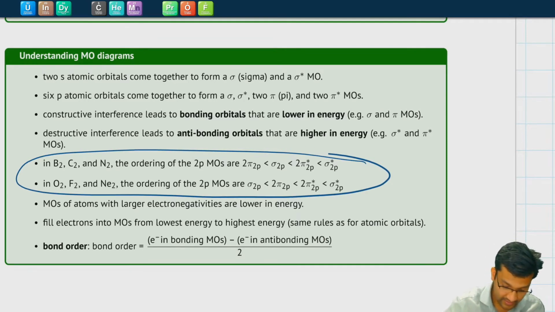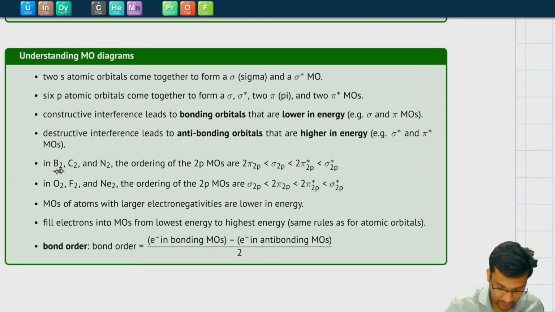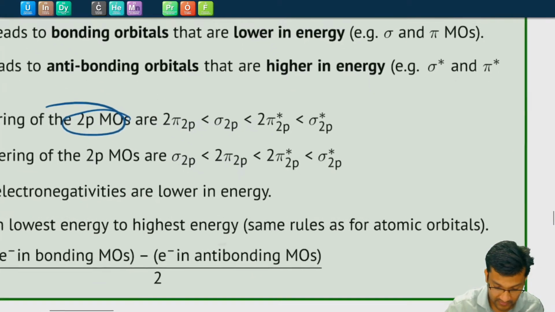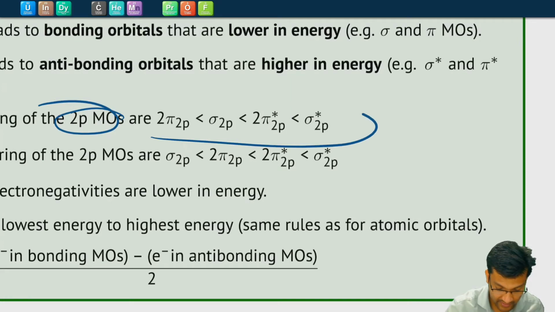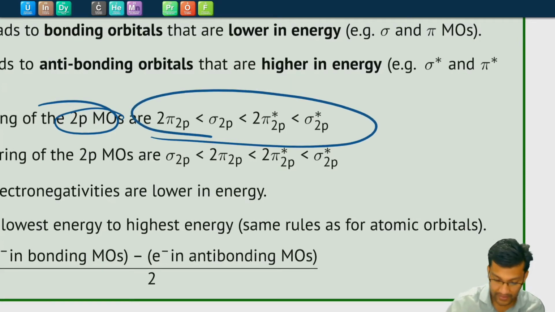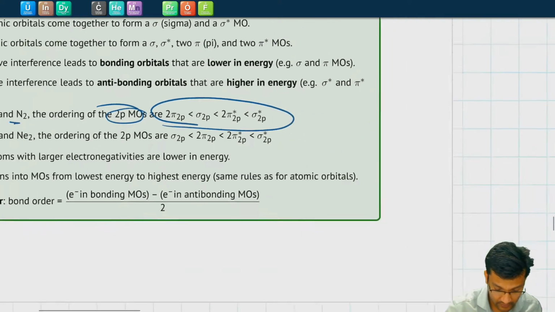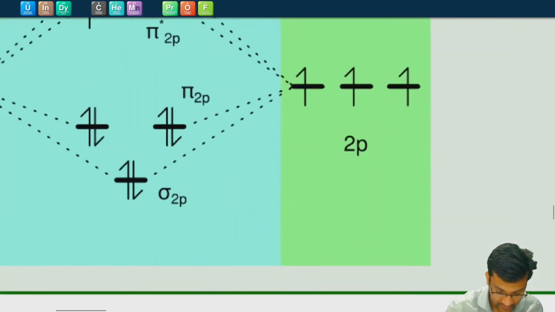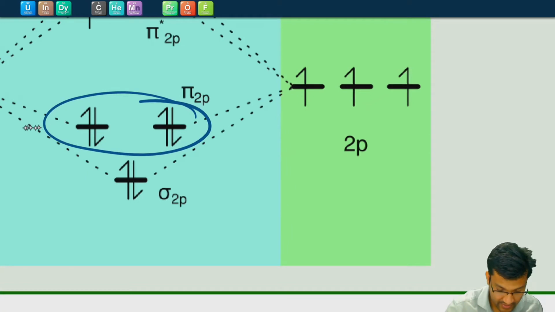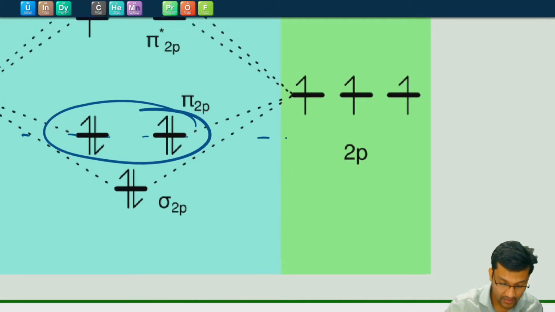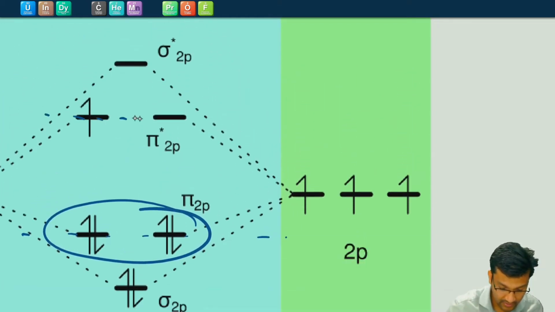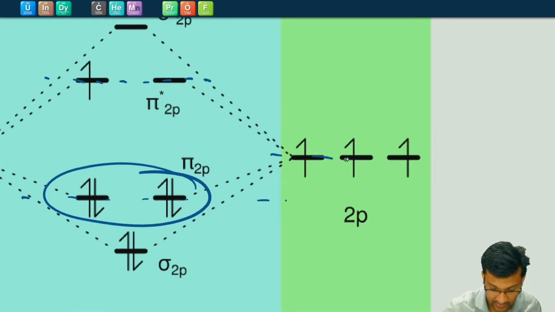If they're coming together from boron, carbon, or nitrogen, the two p molecular orbitals have this sort of energy order, right? There's 2 pi orbitals that have the same energy. These are the pi orbitals. They will always have the same energy. That's why they're on the same level here. And here, the pi star orbitals also have the same energy, the same way the p orbitals have the same energy.